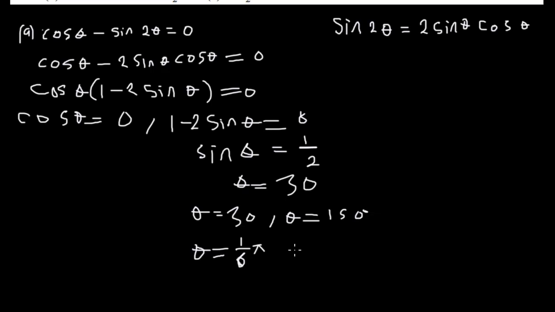And then this 150 converted into radians is the same as 5 over 6 pi, so 5 pi over 6.